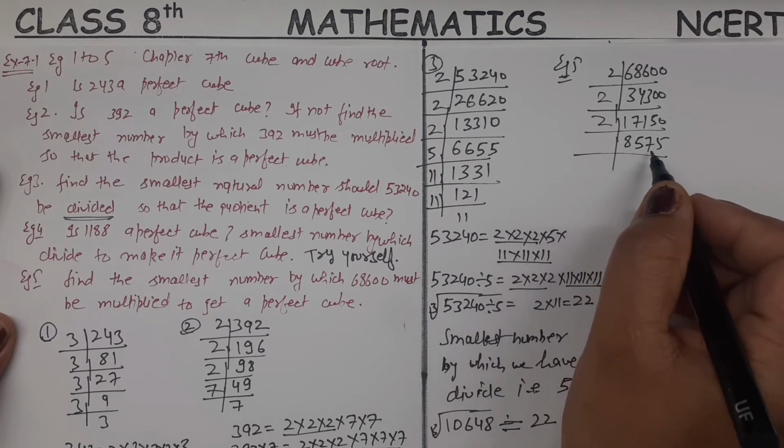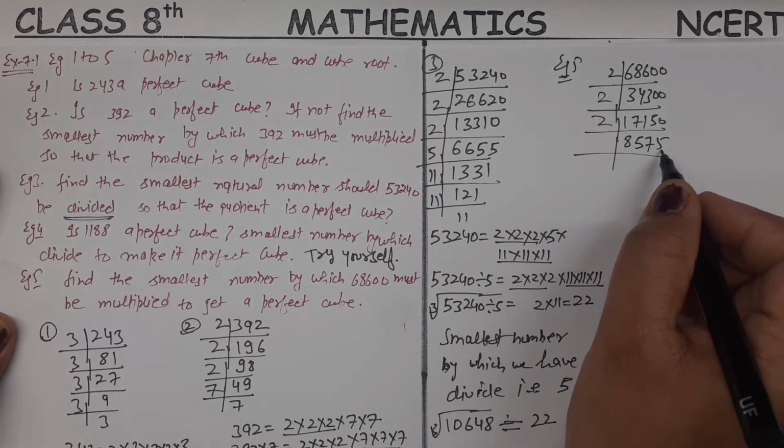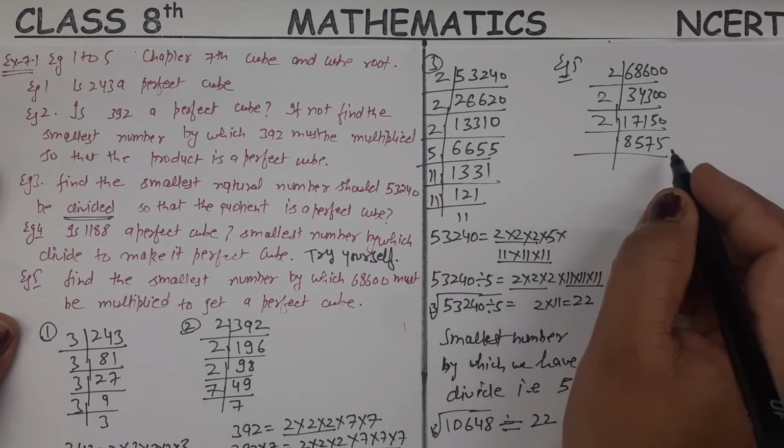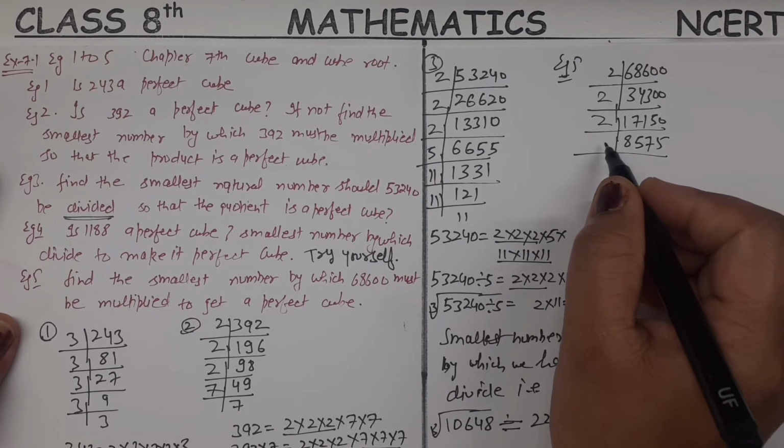Eight plus 5, 13, 13 plus 7, 20, 20 plus 5, 25. That's why this number is not divisible by 3.